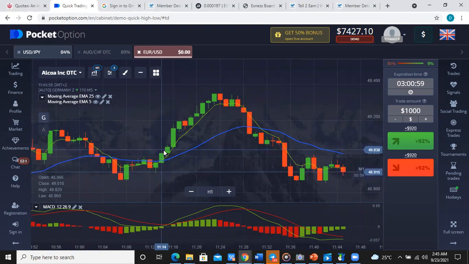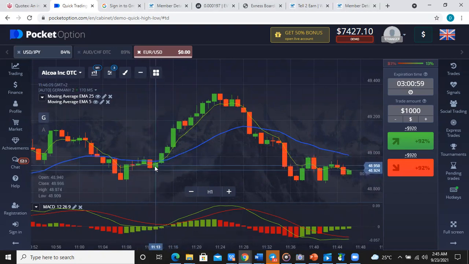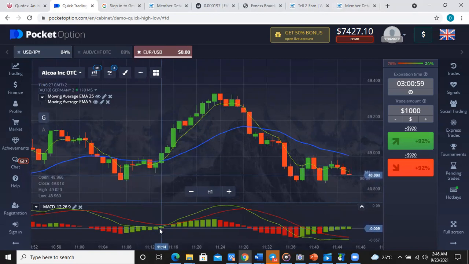Now look at a very strong signal here. Now see these two lines crossing each other. So the 5 EMA is crossing the 25 EMA. And at the same time, the MACD, one of the lines, which is the yellow line or the green line, is crossing the red one sharply at the same time.